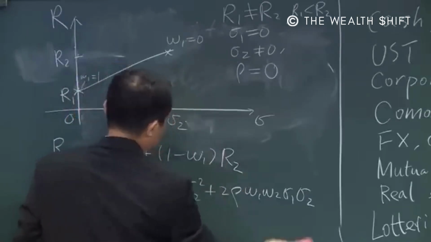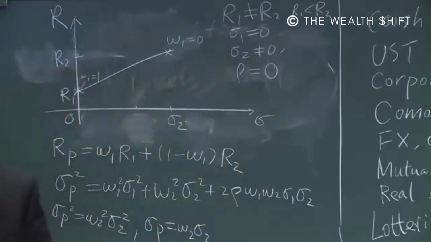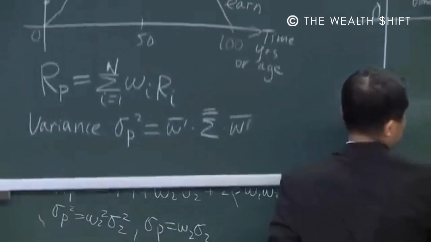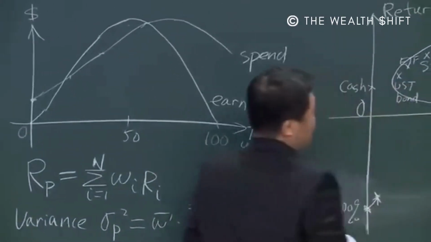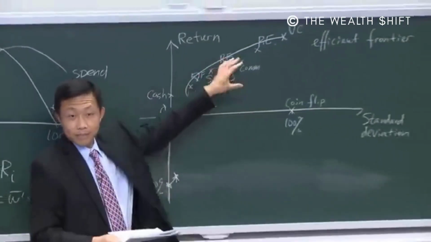Let's wait on the slope so we can come back to this, because this actually relates back to the so-called capital market line or capital allocation line. Last time we talked about the efficient frontier. That's when we have no riskless assets in the portfolio.